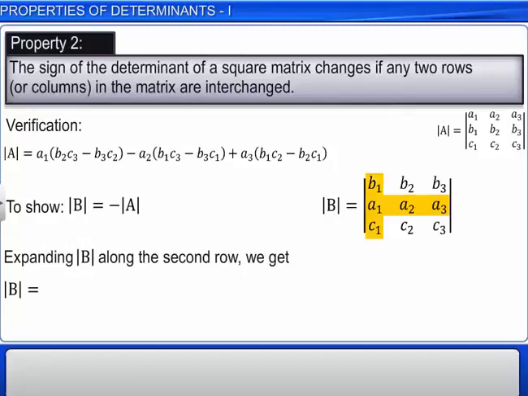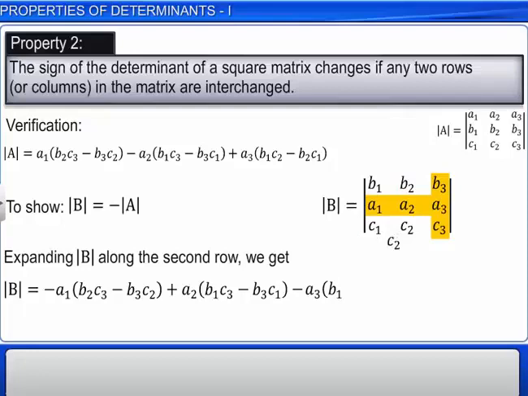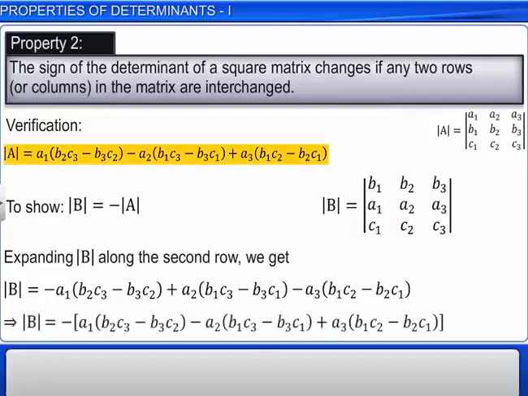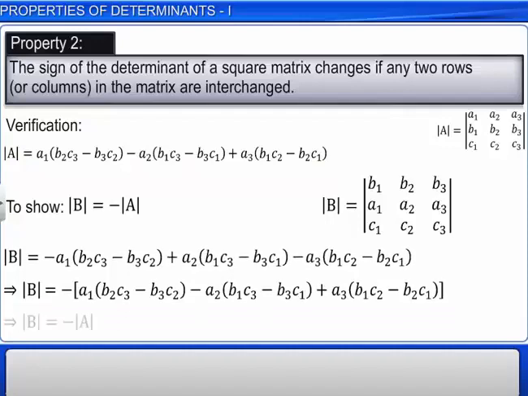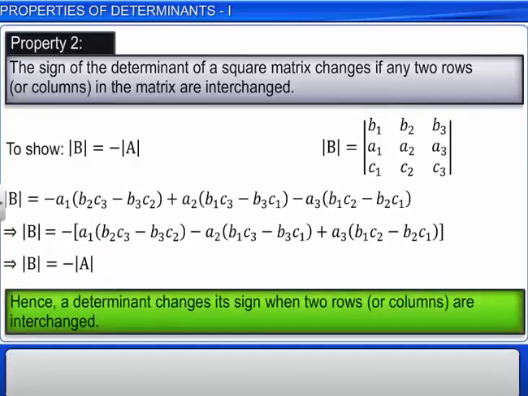We get minus A1 times (B2C3 minus B3C2) plus A2 times (B1C3 minus B3C1) minus A3 times (B1C2 minus B2C1). Observe that this is the expansion of the minus of determinant A. Thus, we have determinant of B is equal to minus determinant of A. Hence, we can say that a determinant changes its sign when two rows or columns are interchanged. This verifies the property.